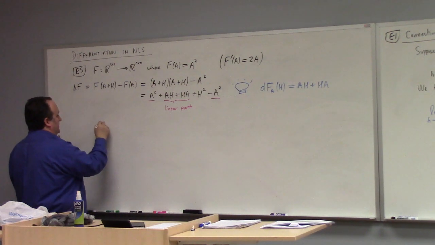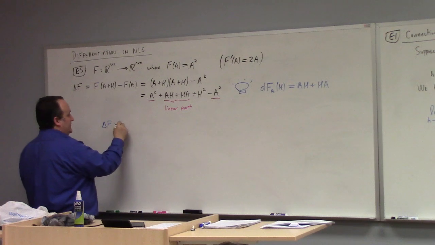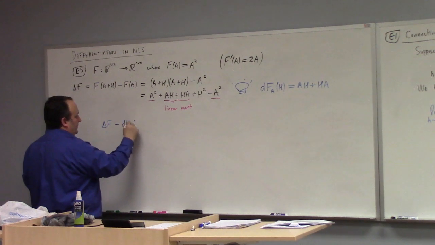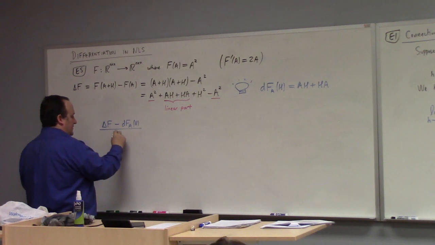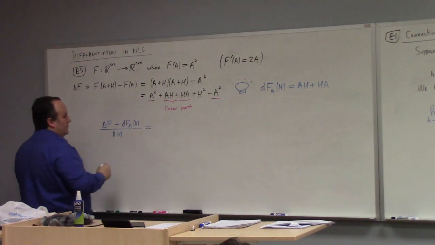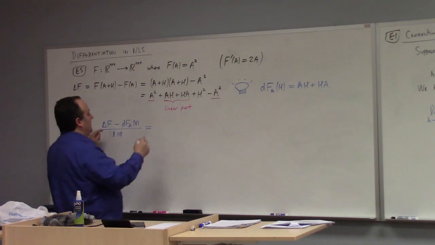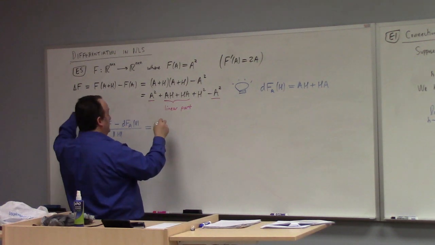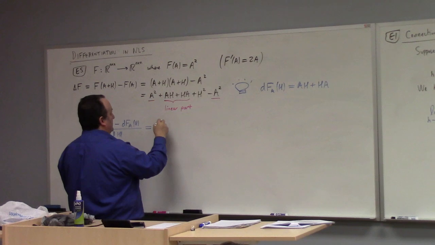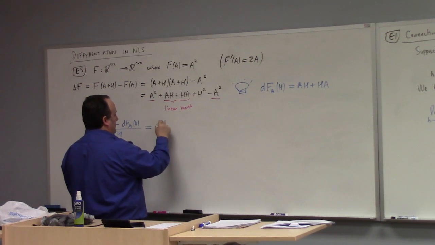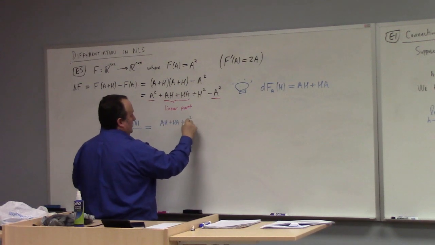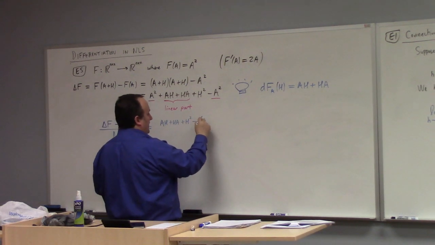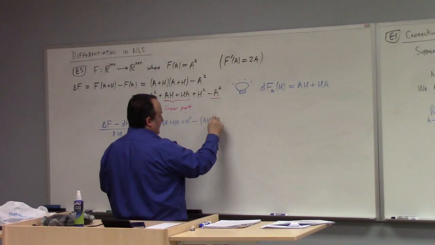So we're going to calculate the change in f minus df_a of h, divided by the norm of h. Let's see how that works out. So what I got above is that this is equal to AhA plus h squared, minus AhA, but with parentheses.